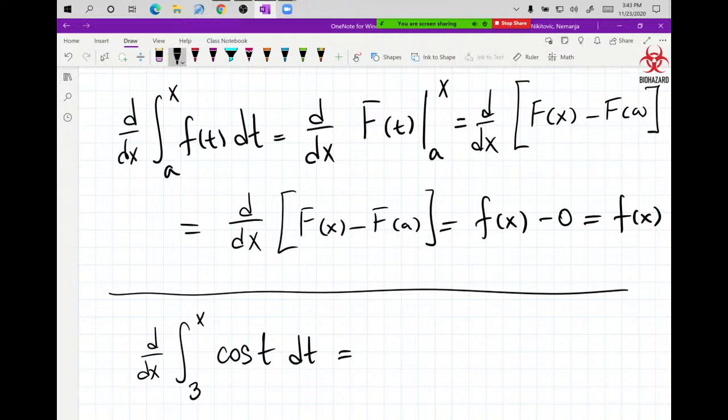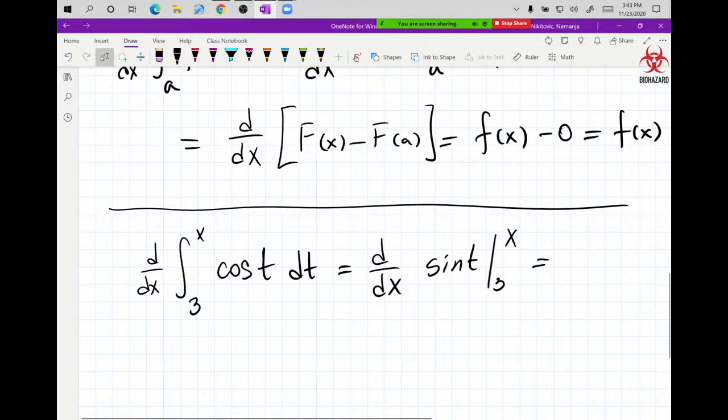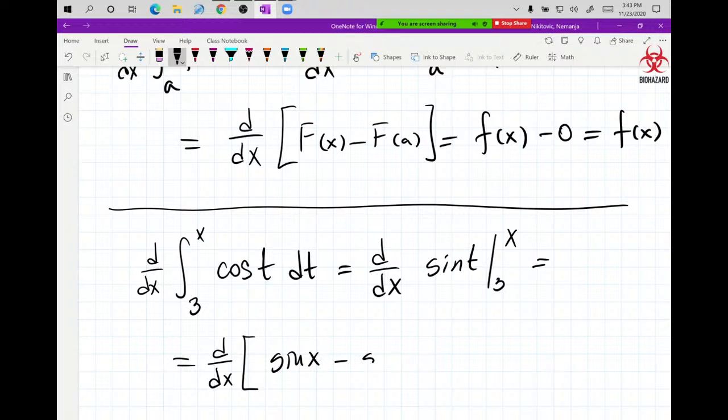So now your integral of cosine is sine, positive sine, computed from 3 to x. That is the derivative of sine x minus sine 3. Now, I don't care what value sine 3 is. I just know it's a number, so when I differentiate it, it's gone. So the derivative of sine is cosine x minus 0, which is just cosine x. And you can see it now.